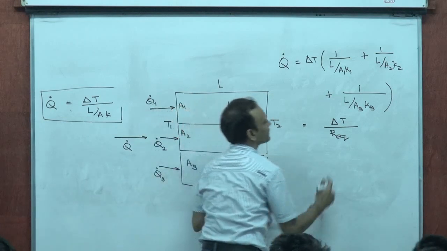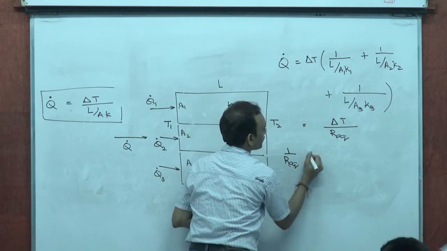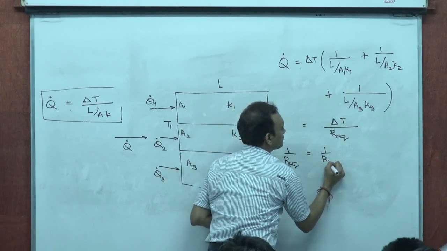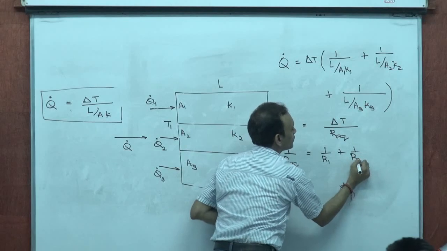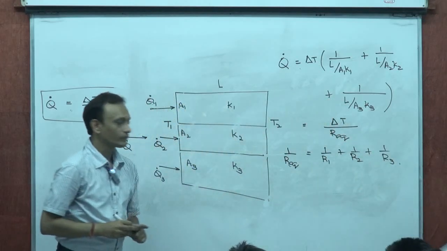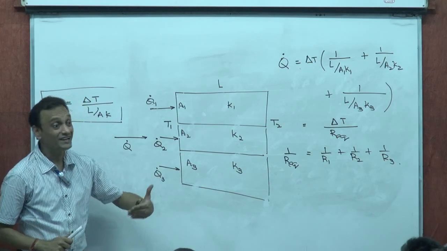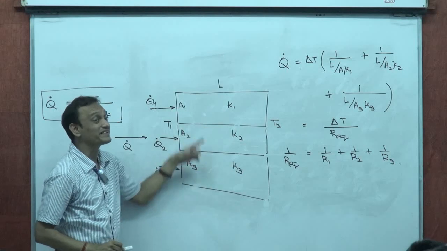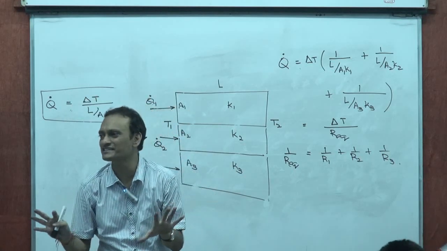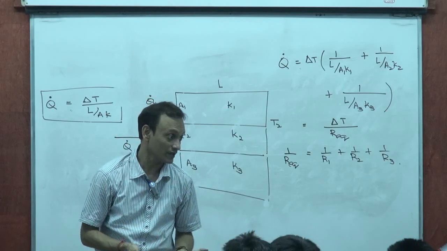Then can I say that 1 by Req must be 1 by R1 plus 1 by R2 plus 1 by R3. So these are thermal resistors in parallel. So we can apply the series parallel stuff exactly the same way that we applied in current electricity, isn't it?